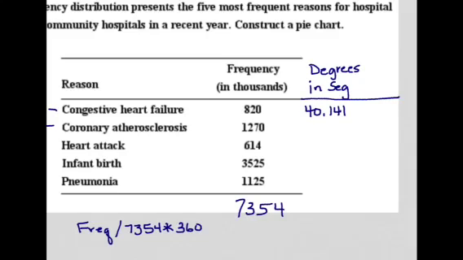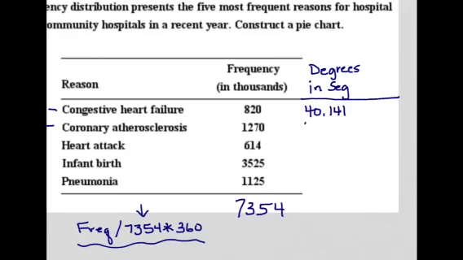So this is our formula for this particular problem. This value, the 7,354, would change depending on the problem, and the 360 would always be the same for every problem in general. So now let me put in the degrees in each segment for the rest of the reasons.